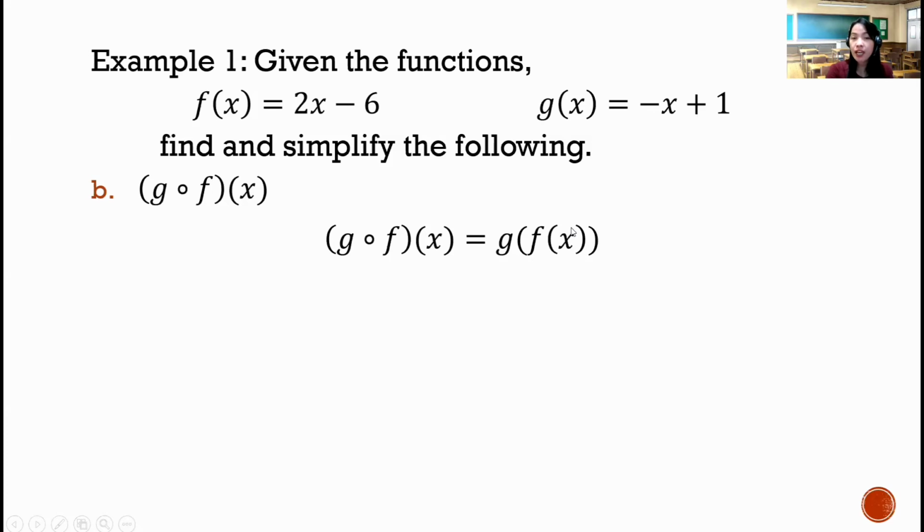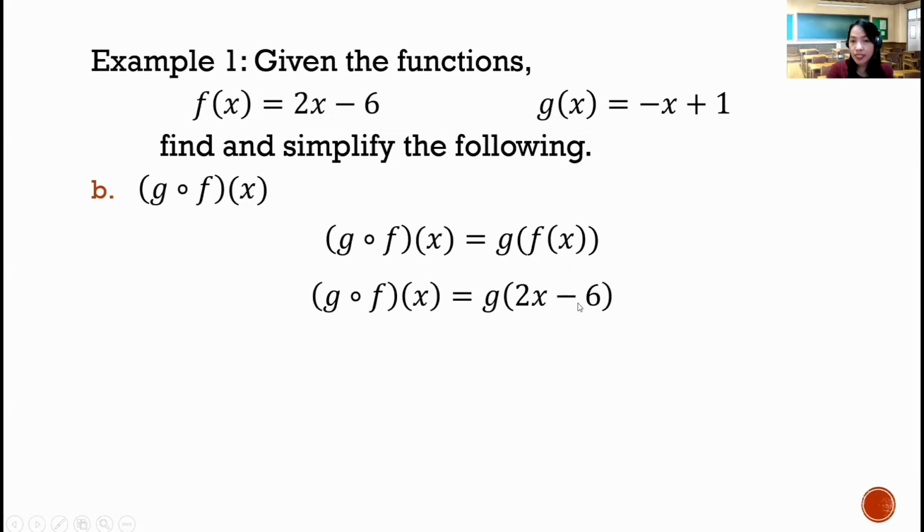Ibig sabihin, papalitan mo lahat ng x sa g of x ng value ng f of x, which is 2x minus 6. Again, you're going to replace all the x variables in the function g of x with the value of the function 2x minus 6 or the function f of x. So that is g of 2x minus 6.